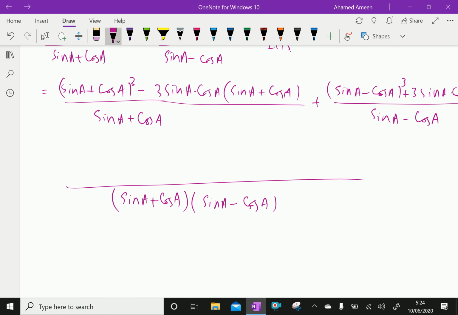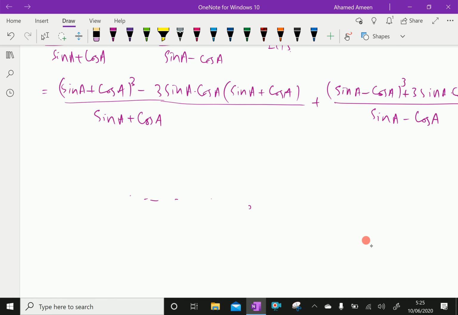Before that, here we have to split for sin A plus cos A for both.